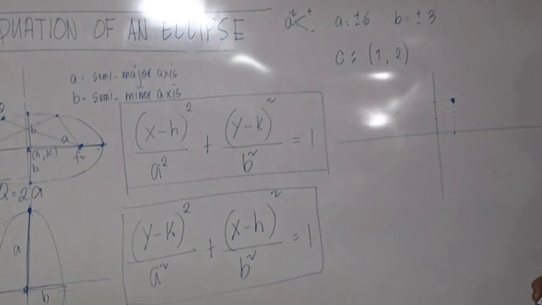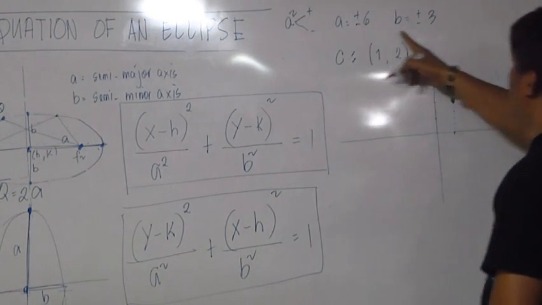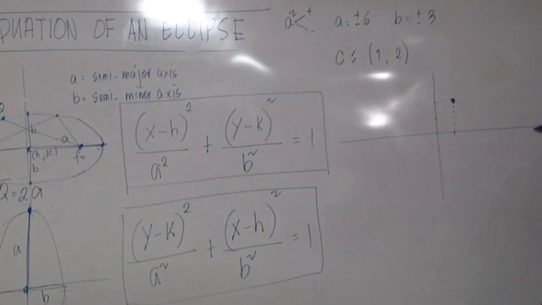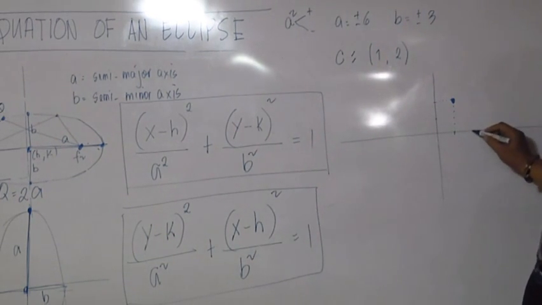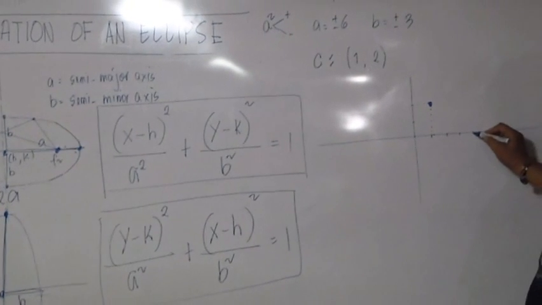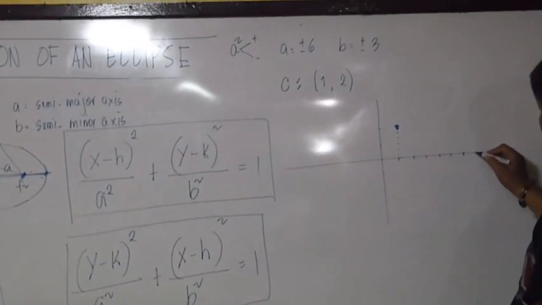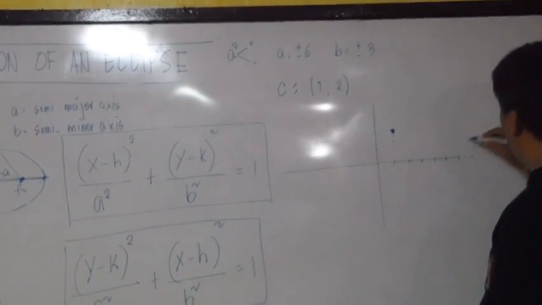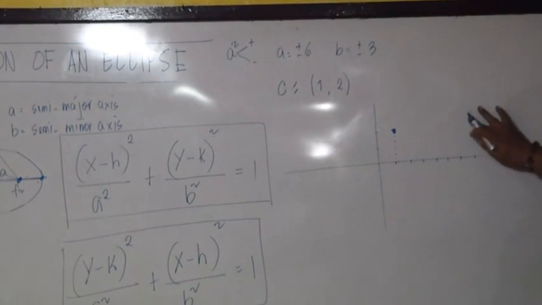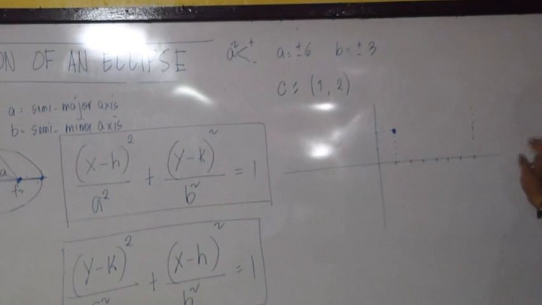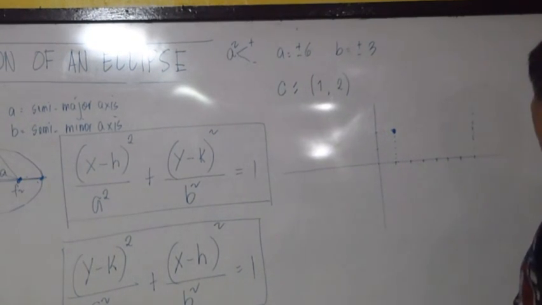That is the center. But we have positive 6 there, then negative 6 there. So positive 6: we add 1, then 6 more, 2, 3, 4, 5, and 6, to get 7. So this is the line where the vertex on the right is located.